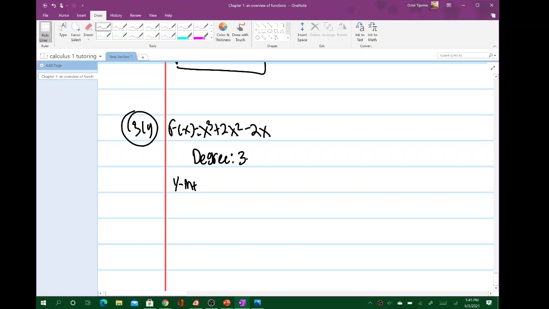And then the y-intercept would be such that x equals 0. So we have 0 cubed plus 2 times 0 squared minus 2 times 0. It's good to know, if you plug in 0 for all values of x, it's just going to be 0.